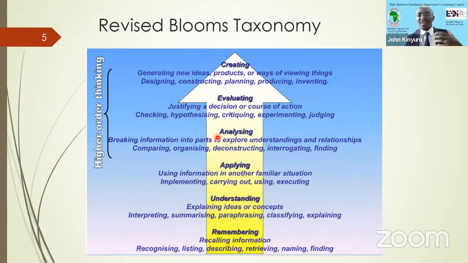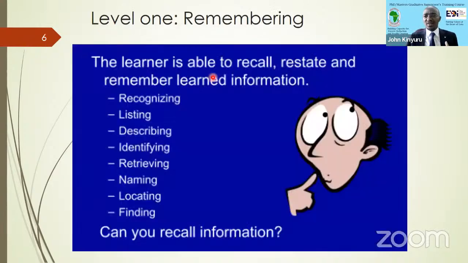Then you want them to evaluate, justify why they took a decision or course of action, hypothesizing, critiquing, and finally, the highest order, you want them to create. You want them to generate new ideas, and this is where we want new innovations, new theories, new products, etc.